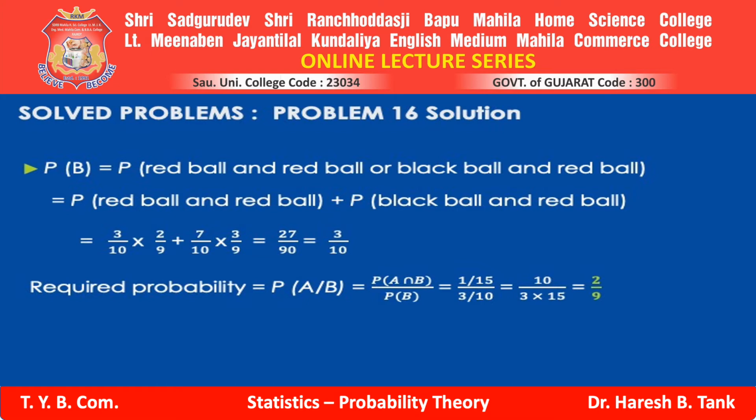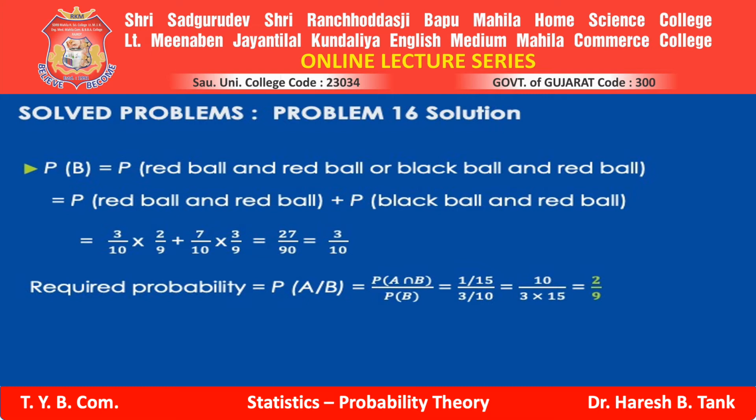All these probabilities are known to us. 3 upon 10 multiplied by 2 by 9, that is what we have found just now. Similarly, we can get a black and then a red: 7 upon 10 multiplied by 3 upon 9. Now simplifying it, it comes to 3 upon 10.